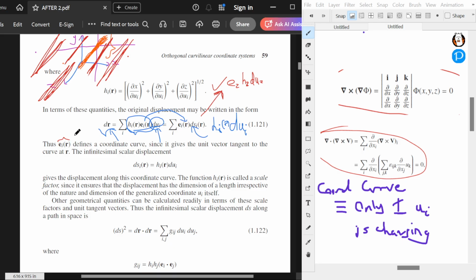Does this change? e_i defines the coordinate curve.